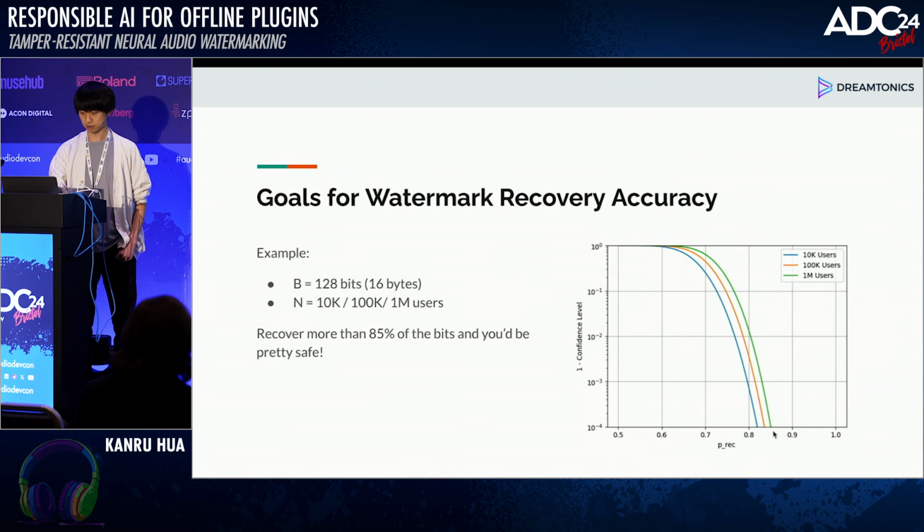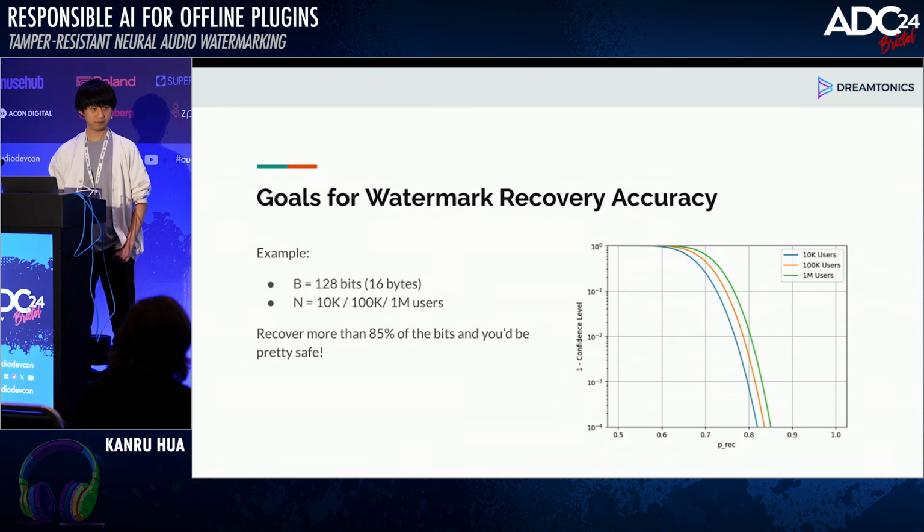The other thing is, for that probability, how much chance you have to blame a completely innocent user. That is what this graph is telling, and for that you want the confidence level to be really low. In this case, at 85% for 1 million users, it is way below, about 1 out of 10,000.